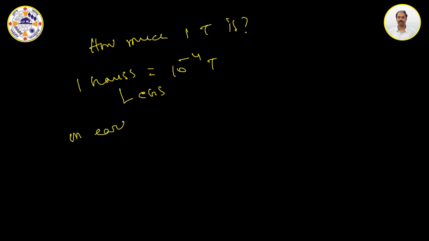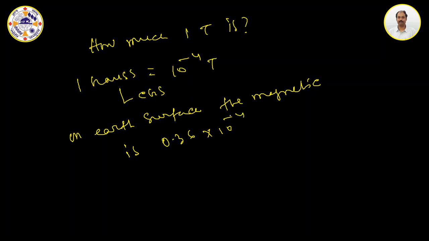On Earth's surface, we know there is a magnetic field. On Earth's surface, the magnetic field is 0.36 into 10 to the power minus 4 Tesla. You all experience this magnetic field through various devices, so you can get an idea about how much 1 Tesla is.